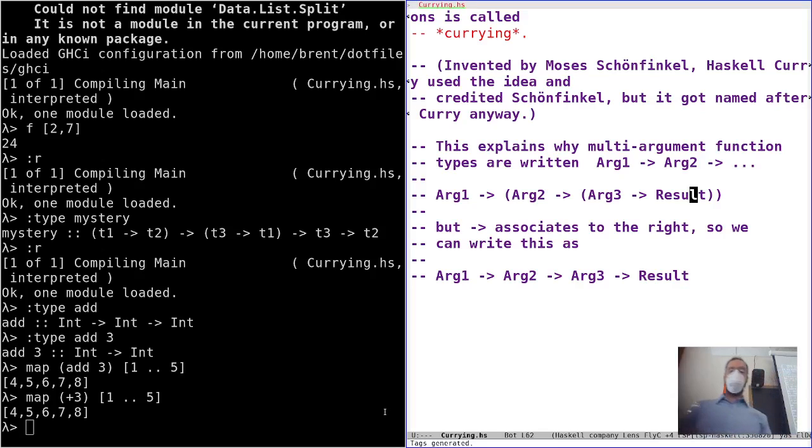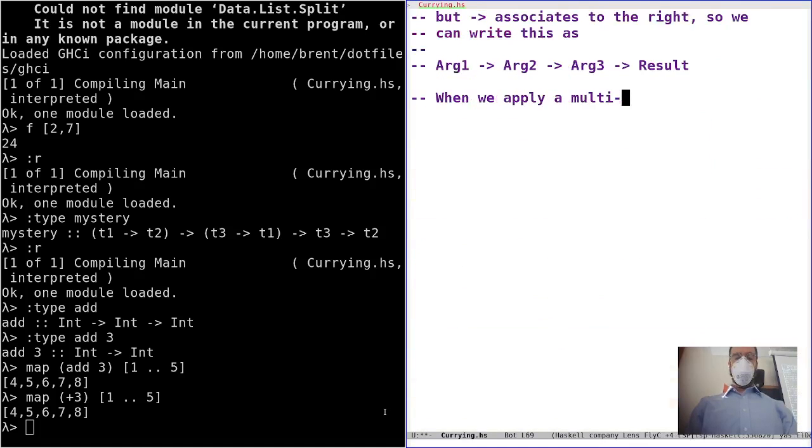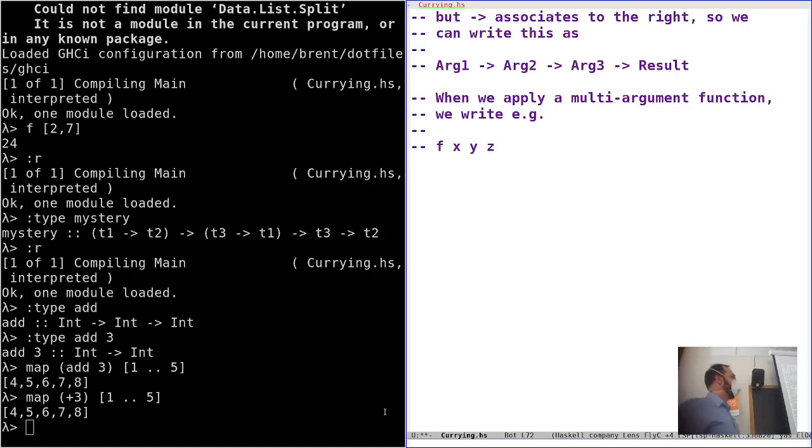This is also why, think about how we write it when we apply a multi-argument function. We write f x y z. If f has this type, arg1 -> arg2 -> arg3 -> result, I would apply it by writing this. What does that really mean?